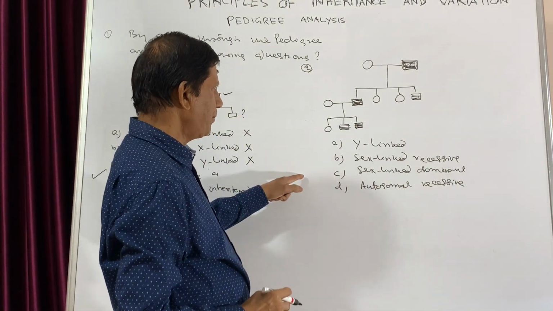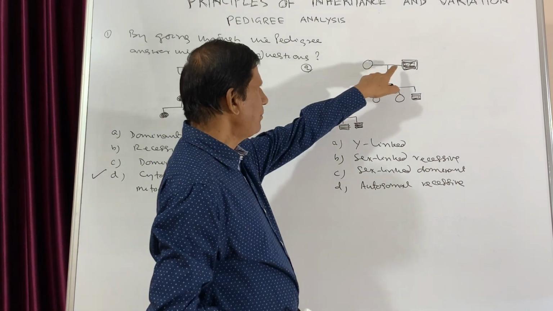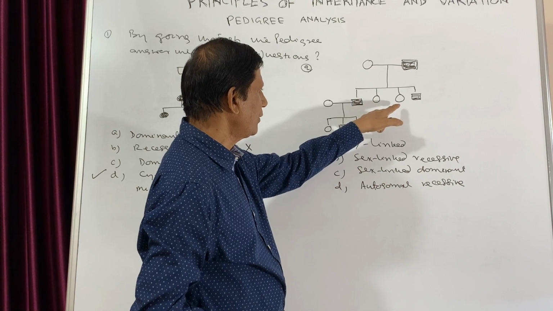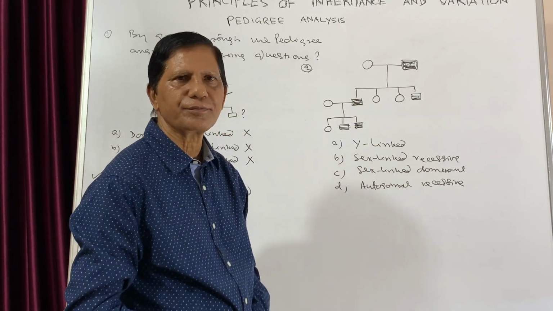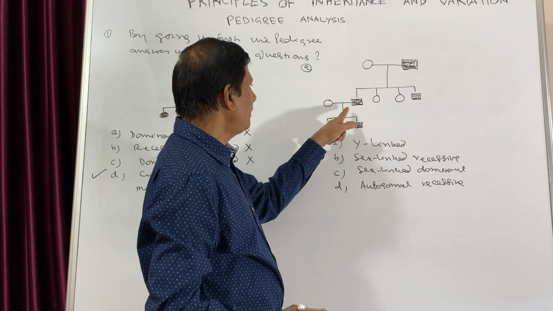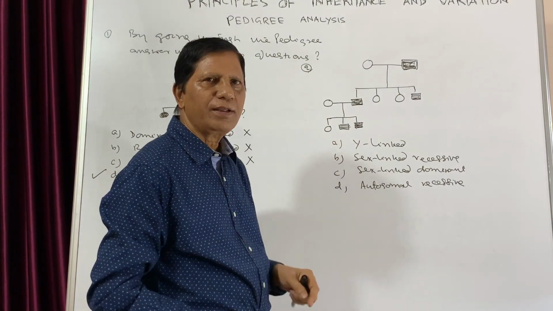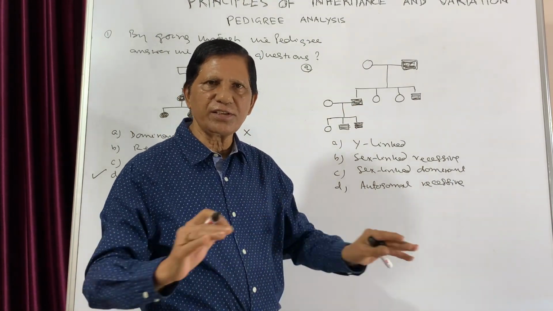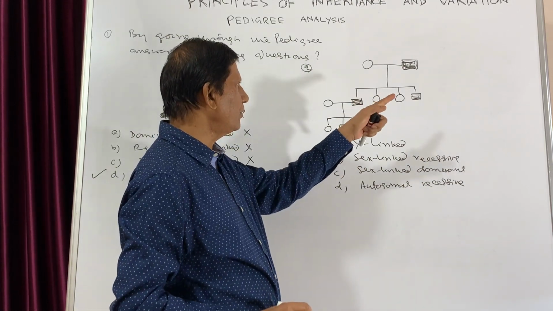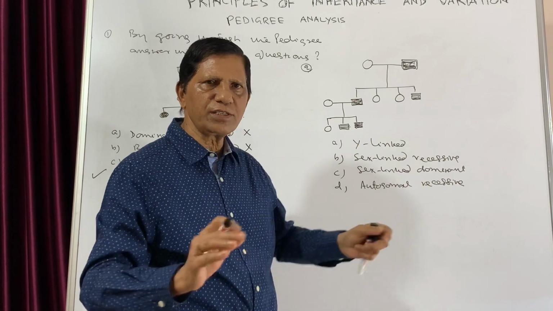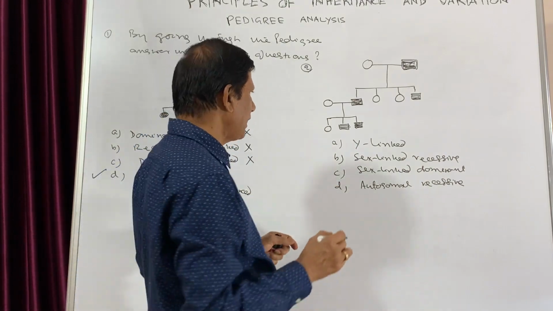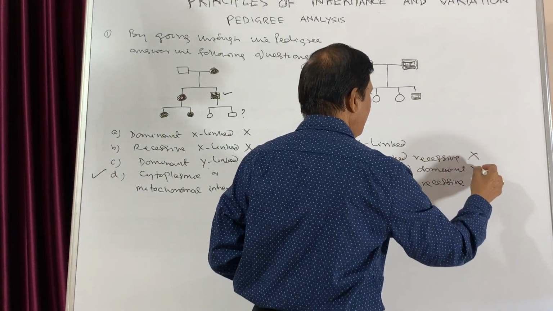Now you see here the father is affected, but the daughters are not affected. Here also the father is affected, but the daughter is not affected. That means there is no criss-cross inheritance. That means the character is not coming from father to daughters. When there is no criss-cross inheritance, these 2 are now eliminated.